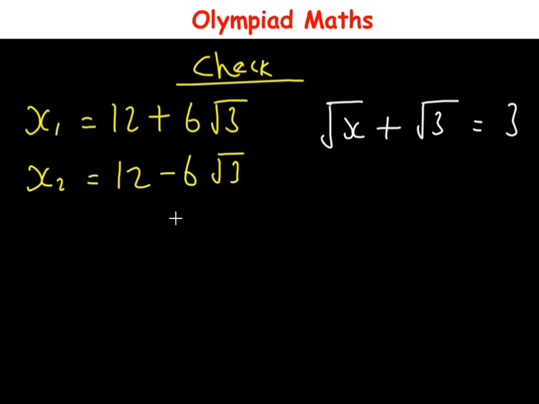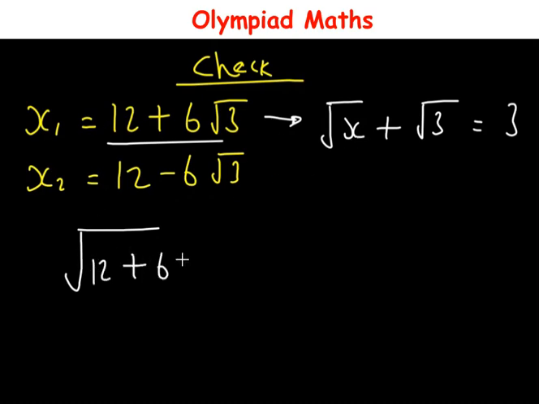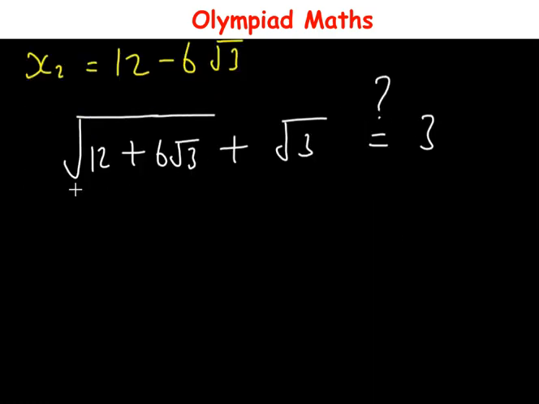So for x1, inputting it, root x becomes the square root of 12 plus 6 root 3, plus root 3, with this equal to 3?